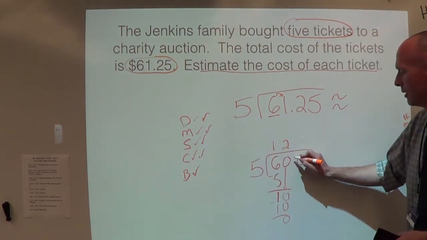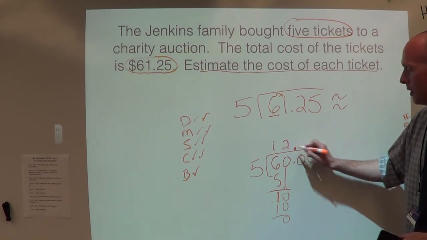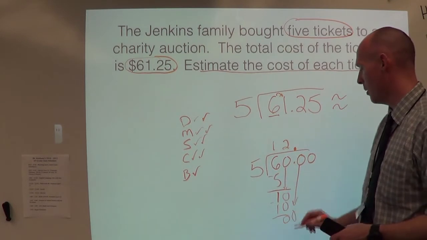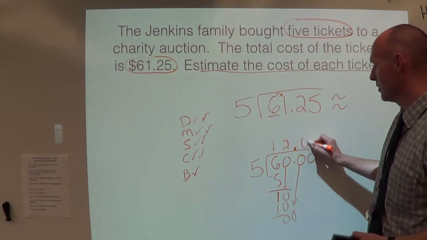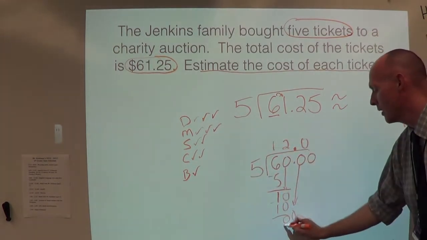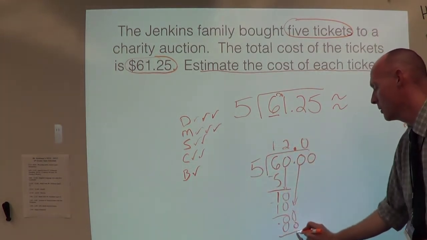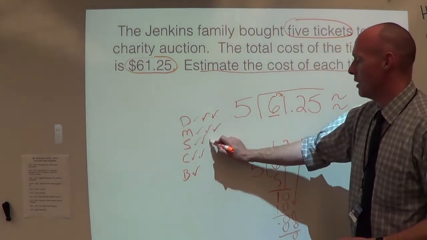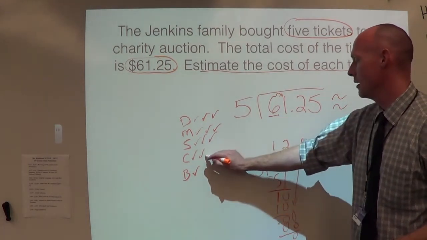Bring down. First we got to scoot up that decimal place. Bring it down. 5 into 0. Well, 0 times. Divide, multiply. 0 times 5 is 0. Subtract, and we are at 0. Subtract, we checked. It is lower.